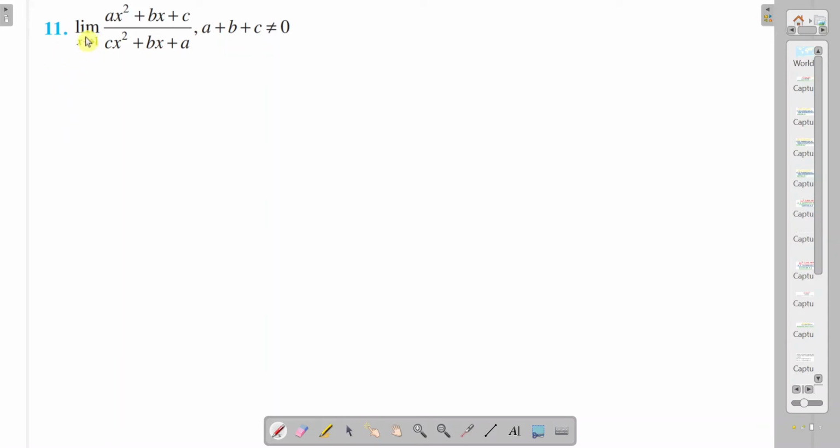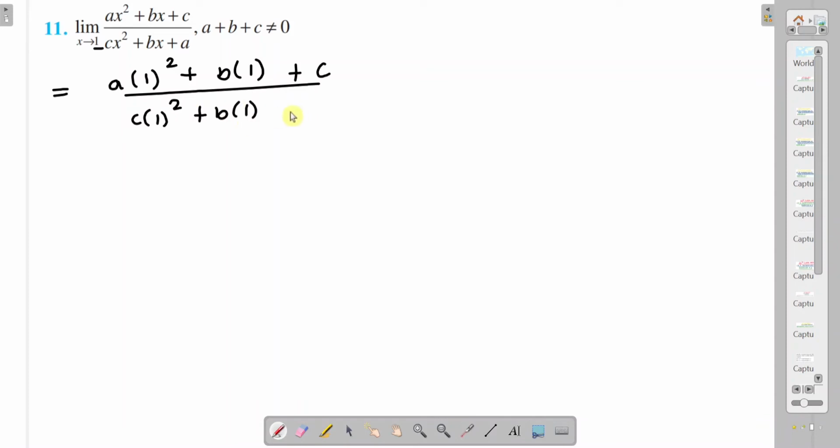Problem 11 is limit x tends to 1, ax square plus bx plus c divided by cx square plus bx plus a. This function is a rational function, so what we have to do? Directly substitute the given point. So we will get a times 1 square plus b times 1 plus c divided by c times 1 square plus b multiplied by 1 plus a.